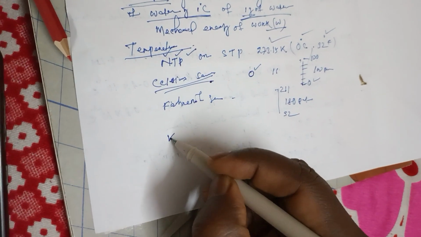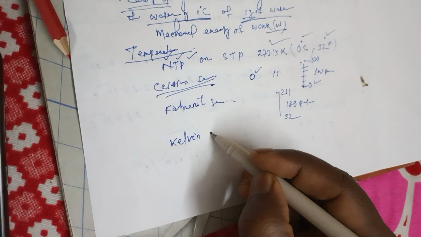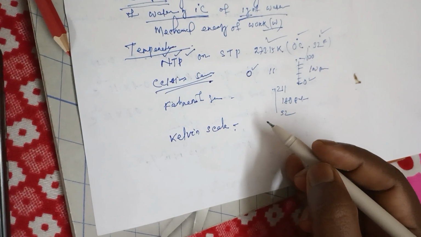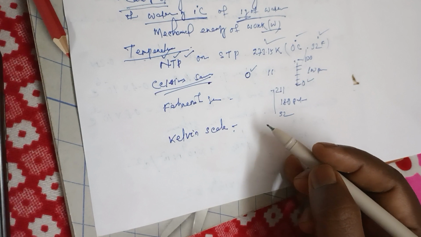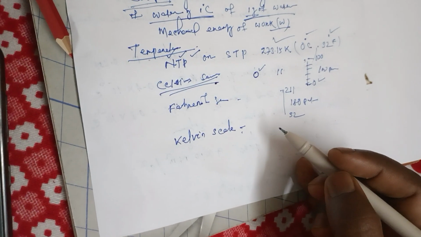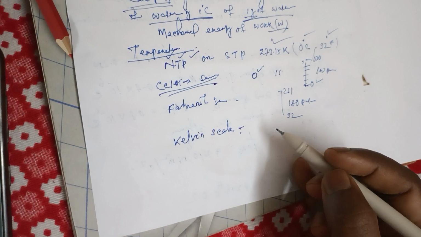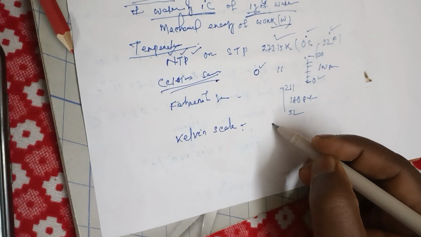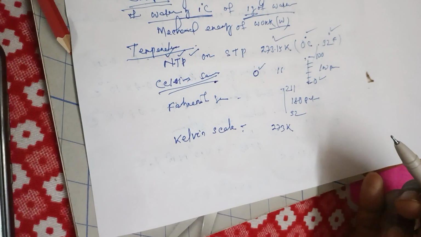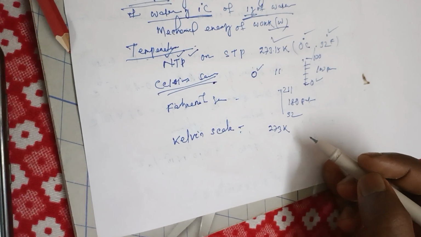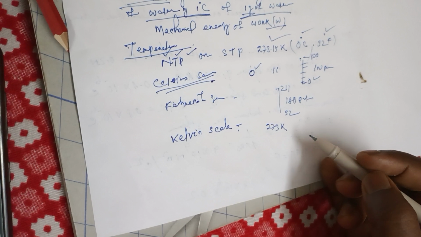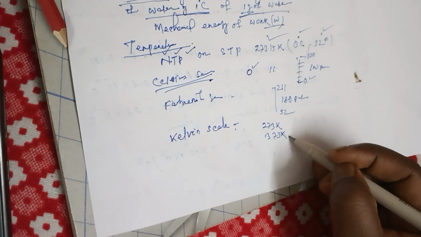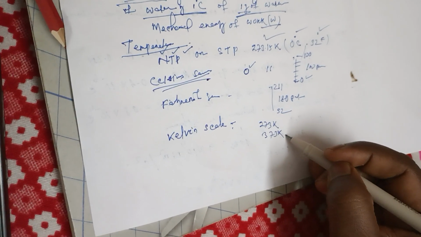Then Kelvin scale. In this scale, the melting point of ice is taken as 273 K, and the boiling point of water as 373 K. Then it is divided into 100 equal parts.